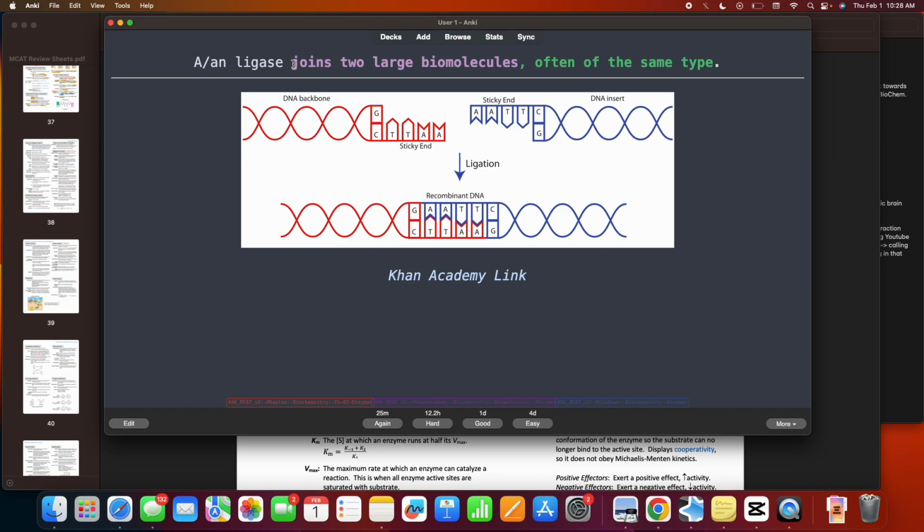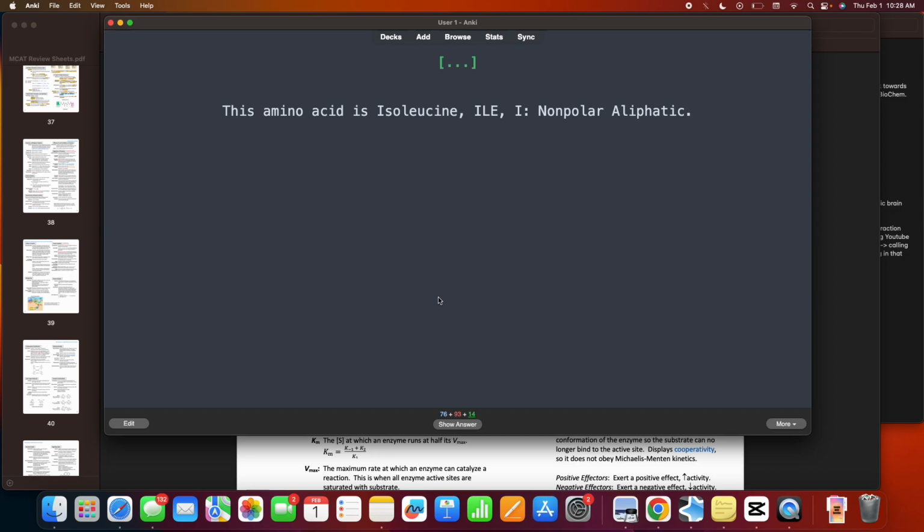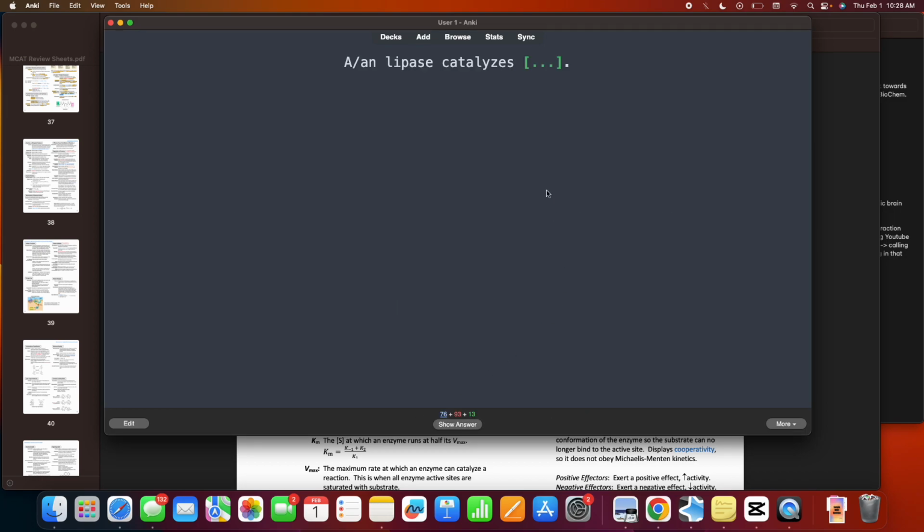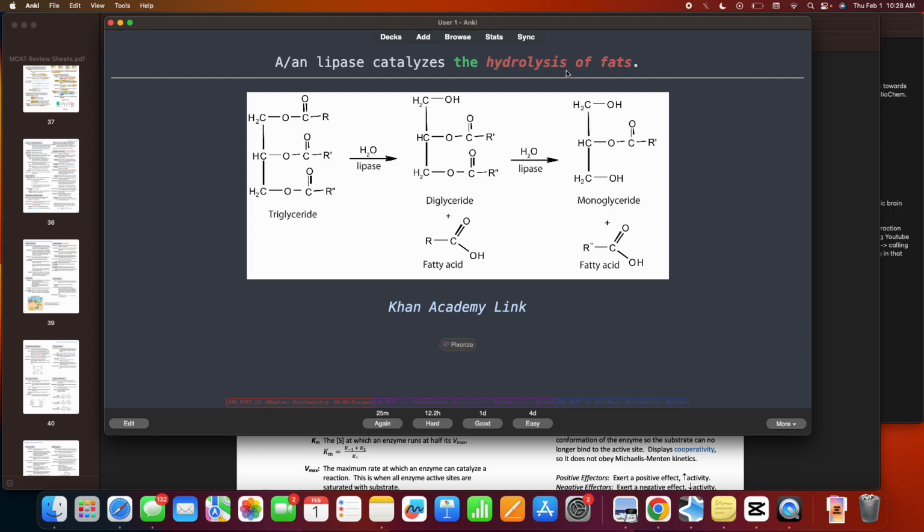Joins two large biomolecules of the same, often at the same time. Cleavage of fatty acids. Hydrolysis of fats.